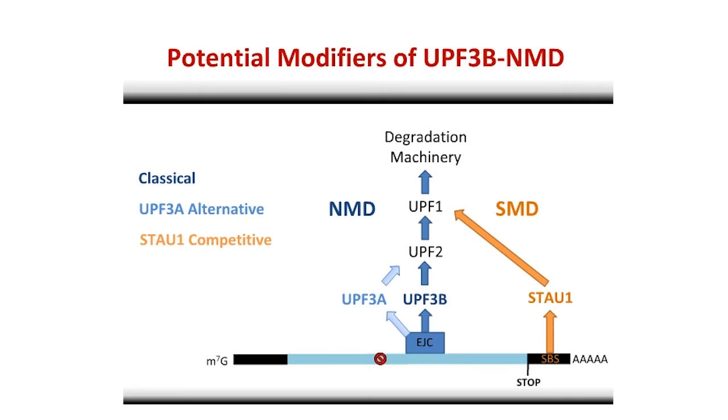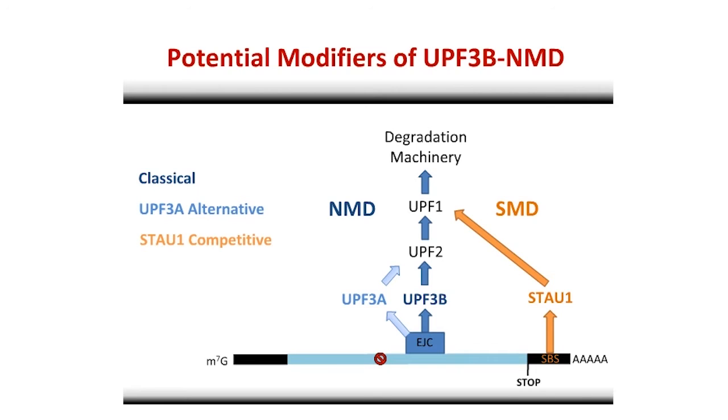So there's a stoichiometric competition for UPF1 by UPF2 and Staufen-1. So in cells where the SMD pathway is really active, the indirect effect is that the NMD pathway is somewhat suppressed because it just cannot get access to UPF1 and the shared degradation machinery.